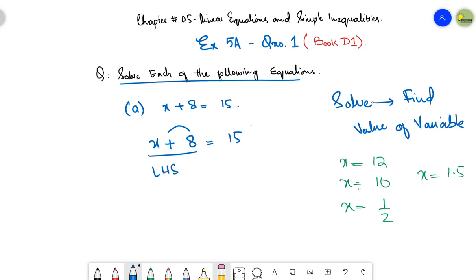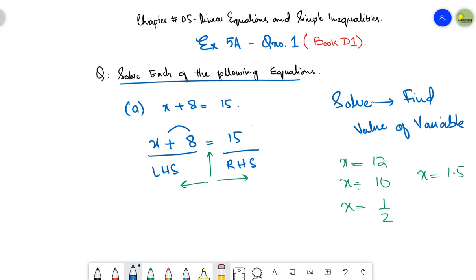Why? Because there is an equality sign and whatever is present on the left side of the equality is considered as left hand side. And whatever is present on the right side of the equality is considered as right hand side. This is the right hand side of the equation. This is something that you really need to understand.